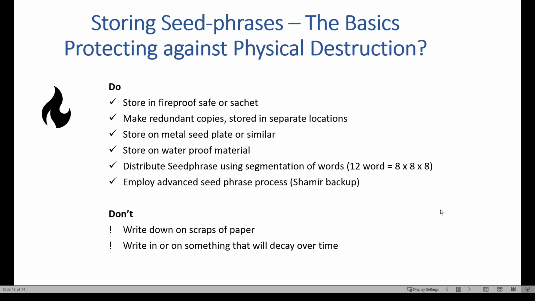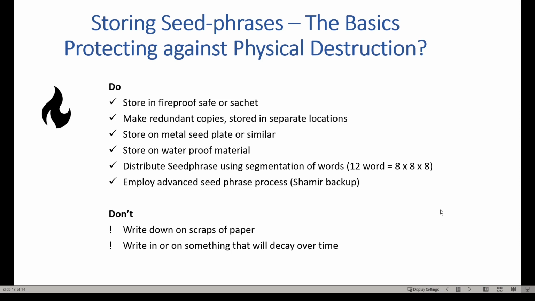Another good thing is to store it on a metal seed plate. There are a number of different companies and devices out there where you can imprint your seed phrase onto a bit of metal, or use little tags that you can form your seed phrase with and lock it away so that it's physically protected. Usually these are stainless steel, so that's important.